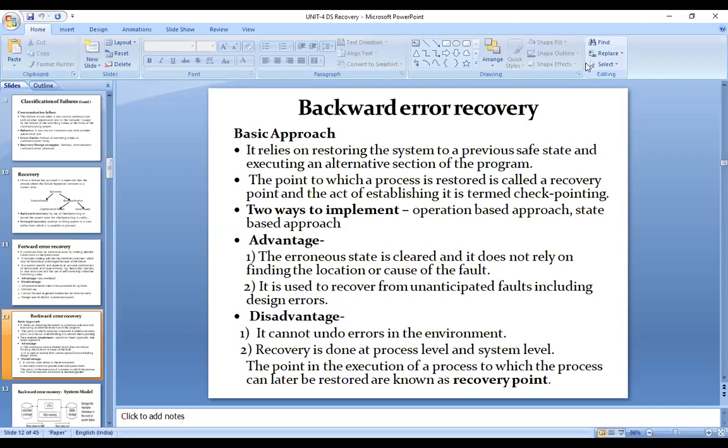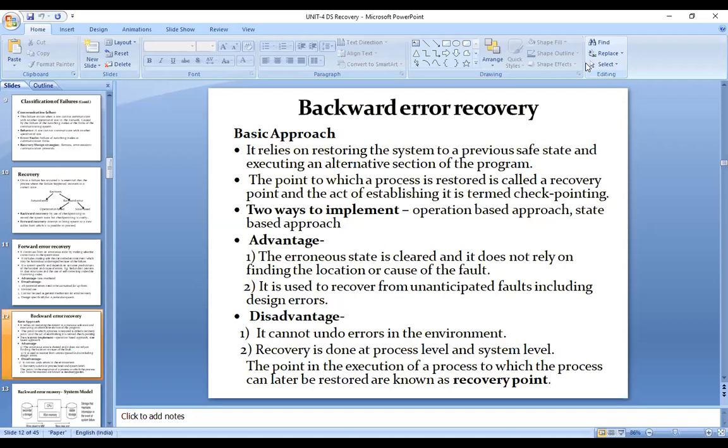Whatever recovery is done at the process level is simply the subset of the actions which are necessary to recover the entire system. As far as system recovery is concerned, all the user processes that are active are required to be restored to their respective recovery points, and the data stored in the secondary storage which was modified by the processes needs to be restored to the proper state.